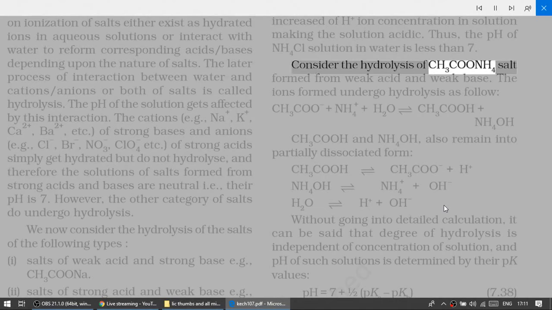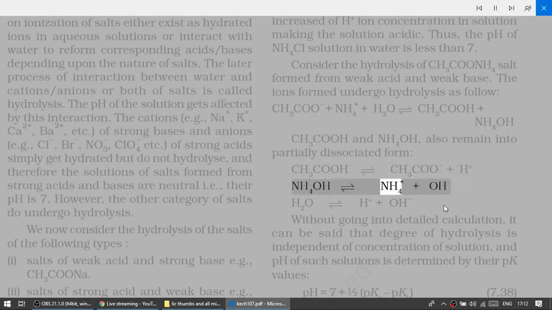Consider the hydrolysis of CH3COONH4, a salt formed from a weak acid and a weak base. The ions formed undergo hydrolysis as follows: CH3COO⁻ + NH4⁺ + H2O ⇌ CH3COOH + NH4OH. CH3COOH and NH4OH also remain in partially dissociated form.